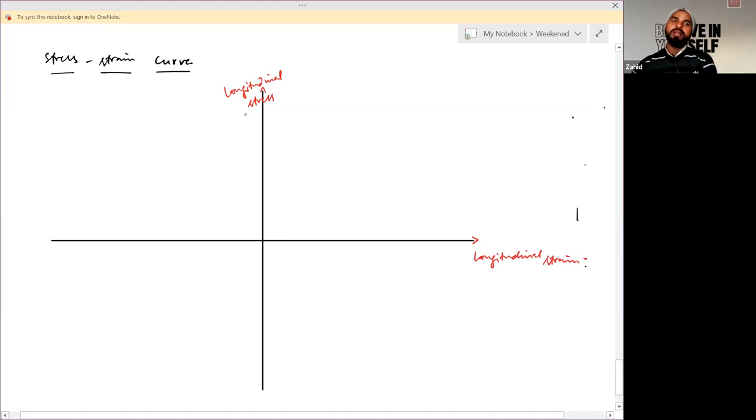If you apply longitudinal stress to that body, it will first stretch linearly to this point.